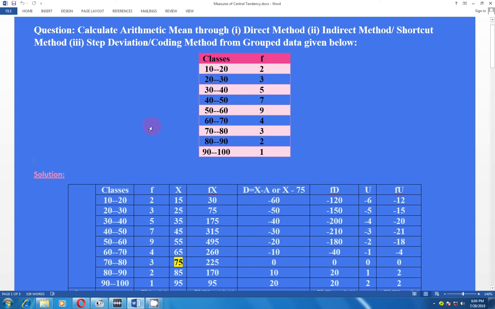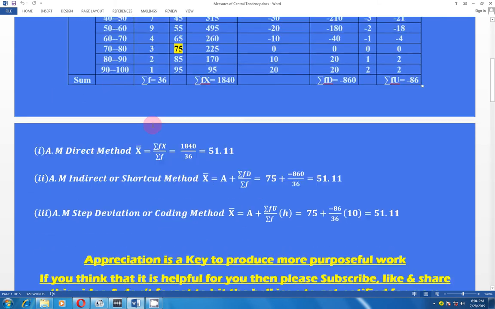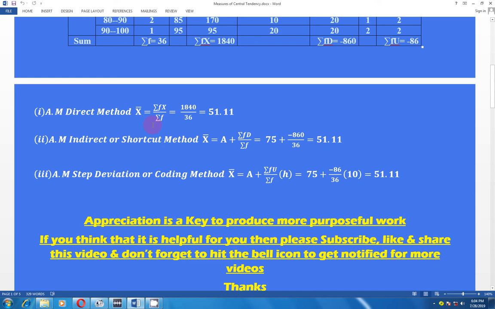So first important thing is to remember the formulas of arithmetic mean for group data related to three different methods.